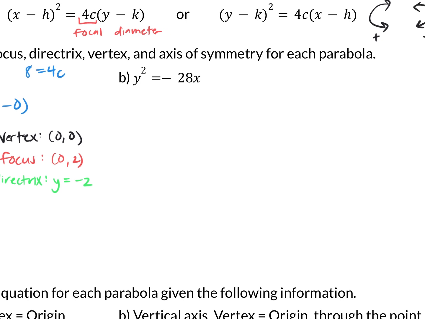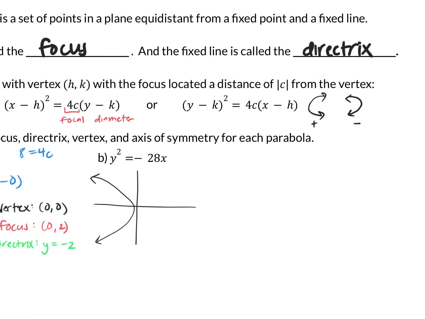We've got y squared is equal to -28x. So if I'm sketching a picture here, I know it's y squared and it's negative. So normally y squared opens to the right, but since it's negative, it's going to open to the left. Okay, so a quick sketch here looks something like that. Now I'm going to use that y equation formula up here.